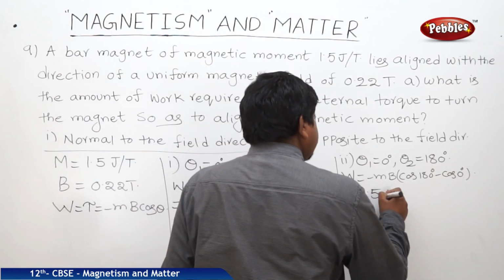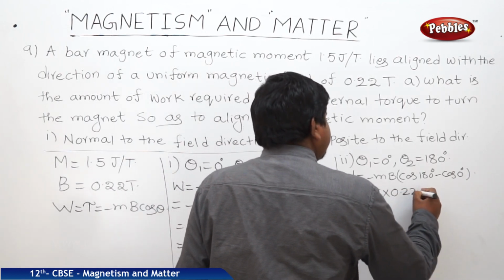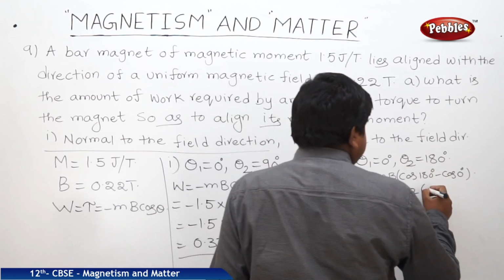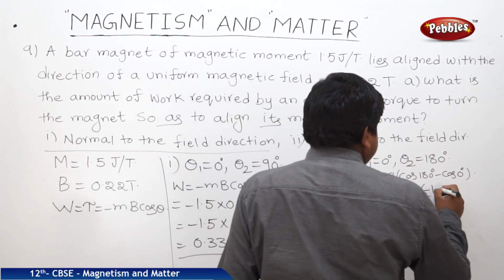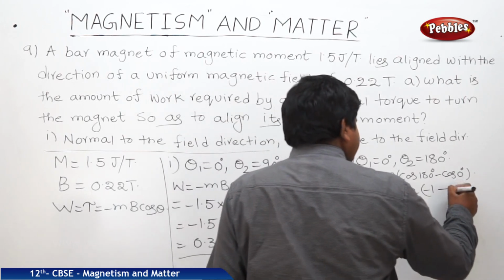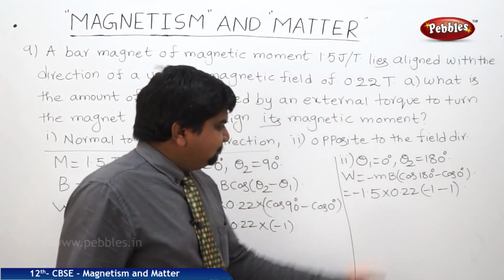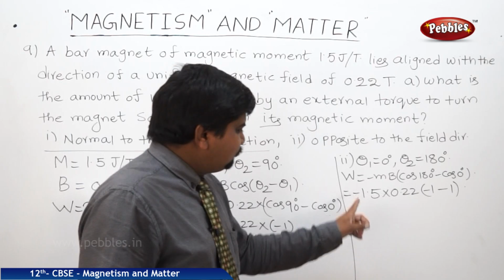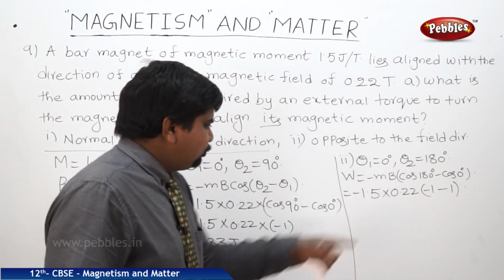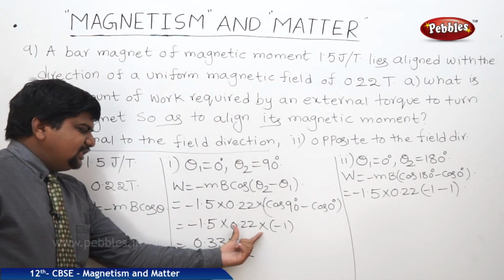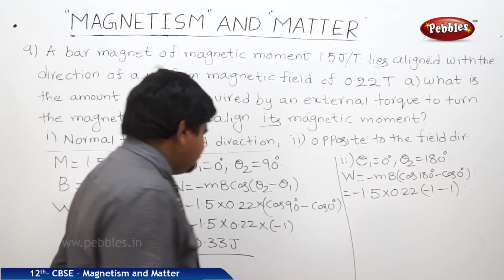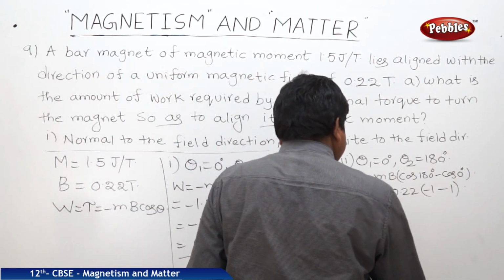Minus 1.5, B is 0.22, cos 180 is minus 1, cos 0 is 1. Minus 1 and minus 1 gives minus 2 into this value. Here we already got 0.33 for this one, into 2 means 0.66 joules.